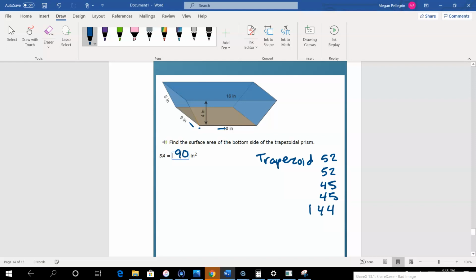And the bottom was 90. So then I would just need to add that together. So 428 inches squared would be my surface area for that trapezoid.